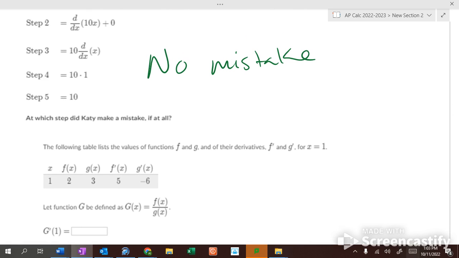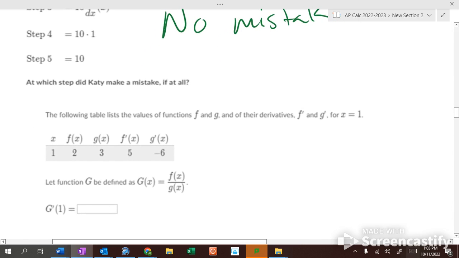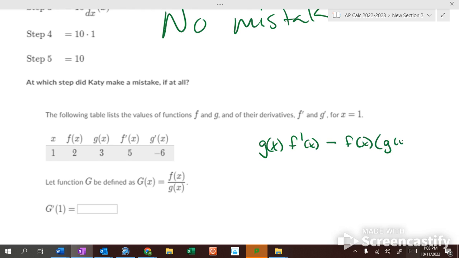What's f over g in this case? This is what we just got done with the last section. All right, so what do we have to do? Let's just write it out in terms of f and g. What rule would we use? Quotient. So g of x times the first derivative of f of x minus f of x times the first derivative of g of x, all over g of x squared.